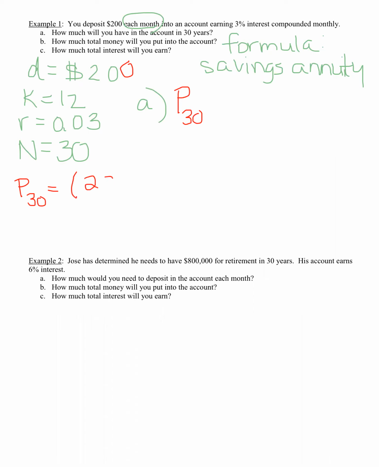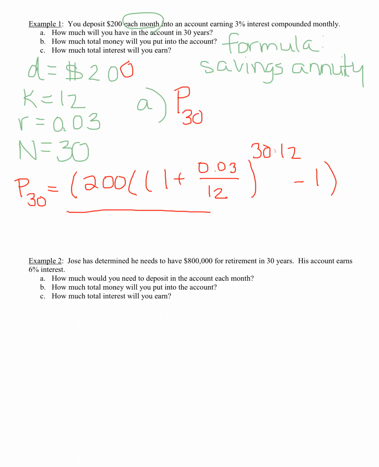And then I'm going to follow closely with all the parentheses exactly as they're written on that formula sheet. So this was the deposit, 1 plus the interest rate over compounds, and then number of years times number of compounding periods, because you're putting those in, 30 times 12, all that minus 1, and then all divided by your 0.03 divided by 12.